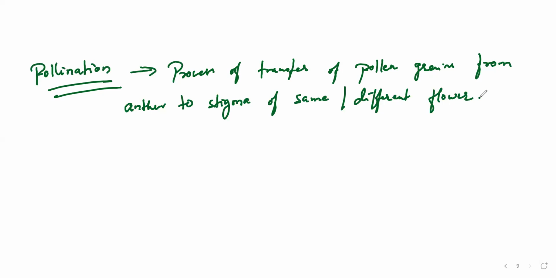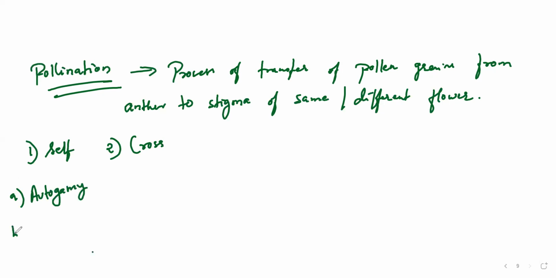This process of pollination is carried out in two ways: either self-pollination or cross-pollination. Let's see what these are. Under self-pollination, you have two types, autogamy and geitonogamy. Whereas in cross-pollination, there are certain agents which help, called abiotic and biotic agents.